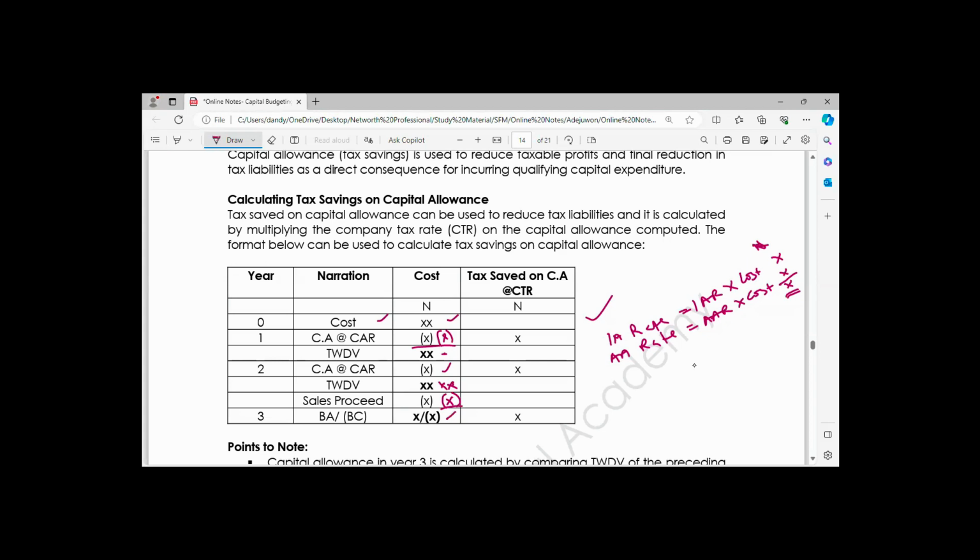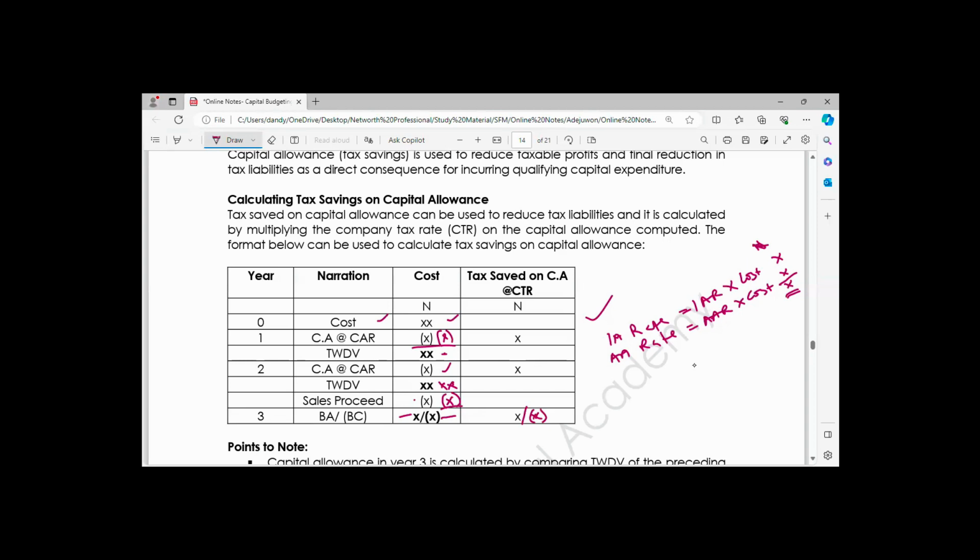If the tax written down value from the preceding year is higher than the sales proceeds, that will give me the balancing allowance. But if the tax written down value from the preceding year is lower than the sales proceed, it will give me balancing charge. Therefore, of course, something is missing here that's supposed to be a negative X, which is for balancing charge.